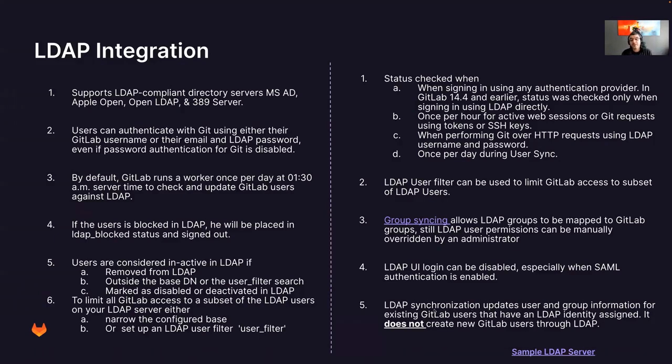Okay, the last point here is very important. Last point on the right, LDAP synchronization updates users and group information for existing GitLab users that have an LDAP identity assigned. It does not create new GitLab users through LDAP.